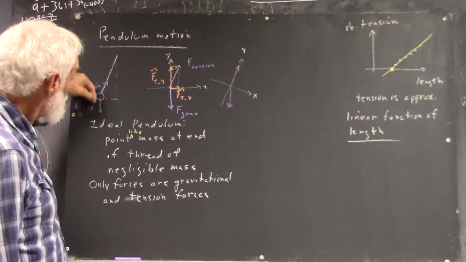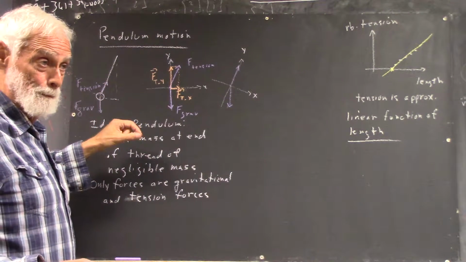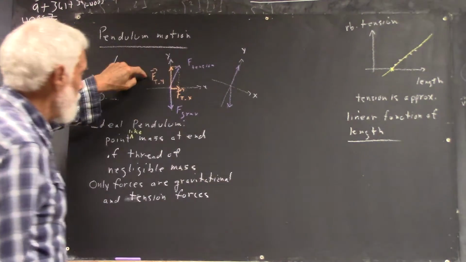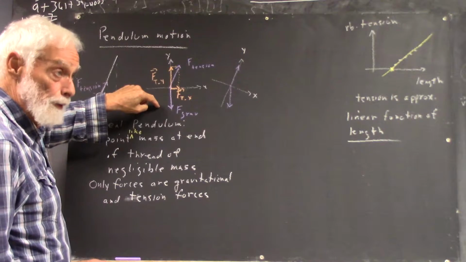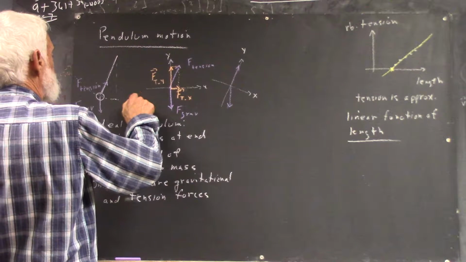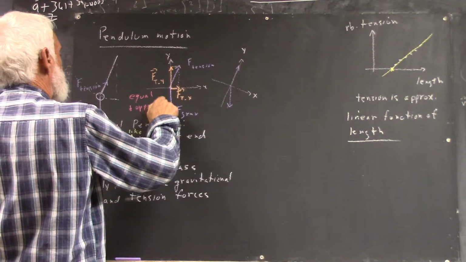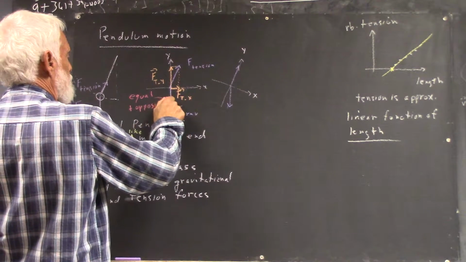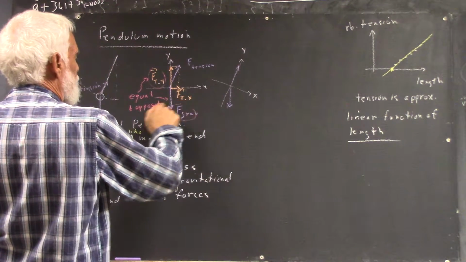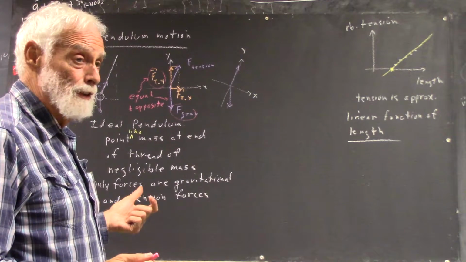Now you do have a little bit of acceleration in this direction, but it's so small we're going to ignore it. And with that, we can see that this force has to be equal and opposite to this force. Okay? This and this are equal and opposite. Believe me? Make halfway make sense?